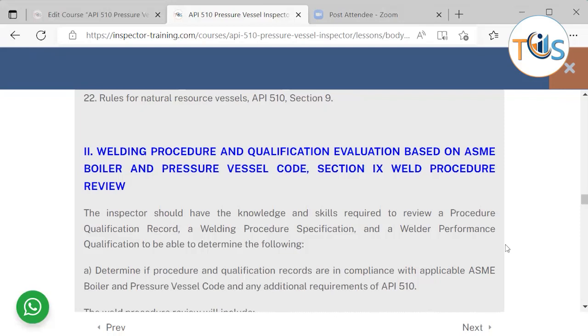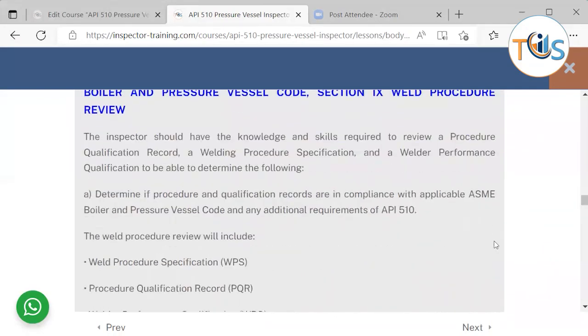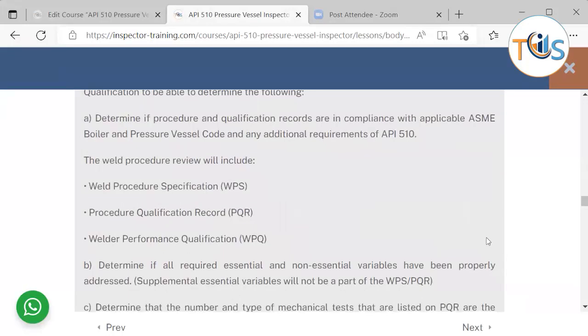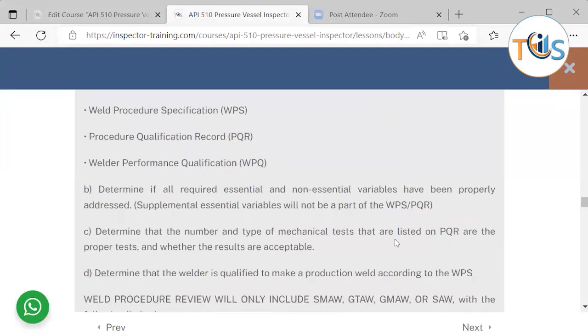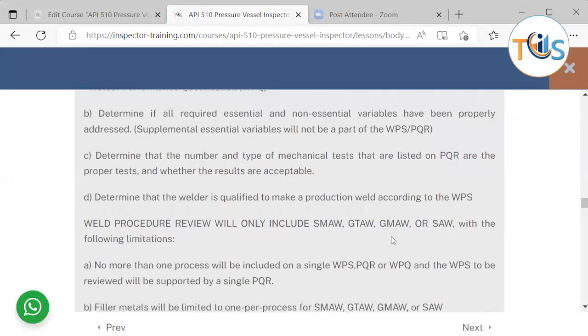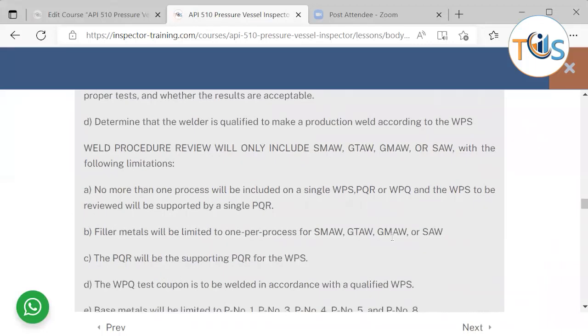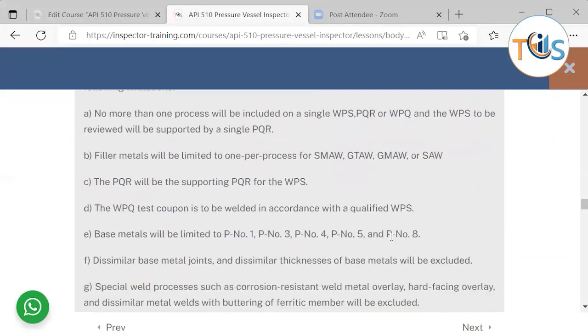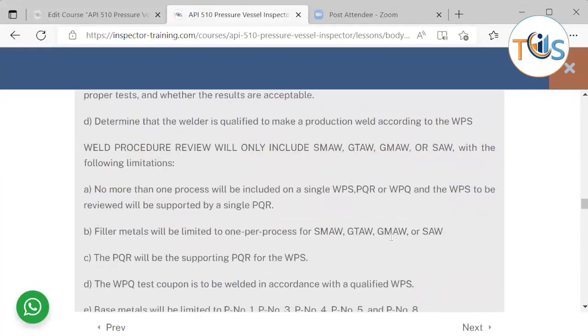Then you should know about the welding procedure and qualification evaluation, which is the WPS, PQR, WPQ, Welder Performance Qualification, coming from ASME Section 9, and about the procedures and the welding processes.